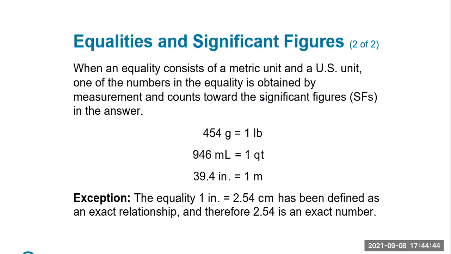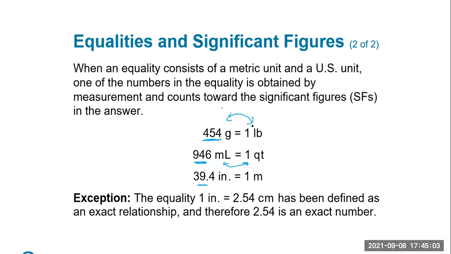You do count the significant figures. So as you can see here, basically this would kind of count towards the significant figures 3. This would be 3, and this would be 3. Again, this is sort of a metric to US conversion, and you should look at the significant figures.